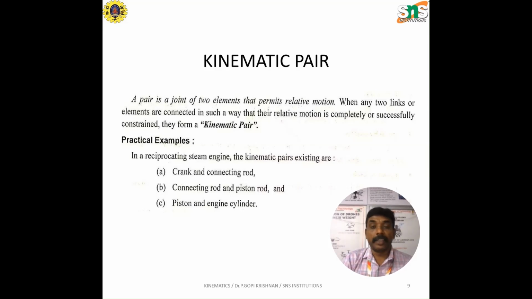And if the relative motion is transmitted from one component to another component, then kinematics plays a major role here, and that pair is called the kinematic pair. So a pair is a joint of two elements that permits relative motion. When any two links or elements are connected in such a way that their relative motion is completely or successfully constrained, they form a kinematic pair.